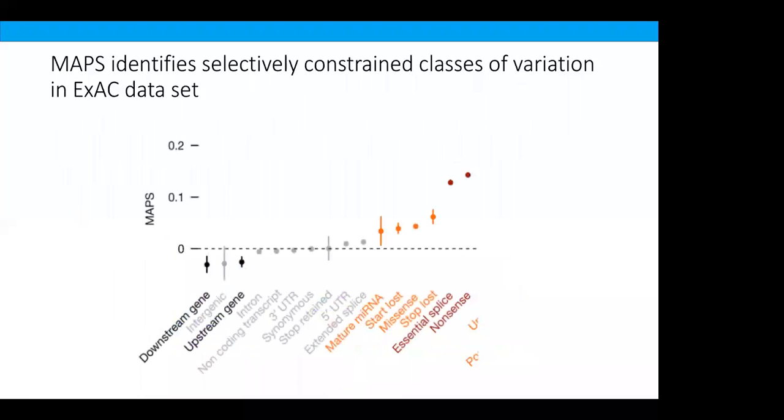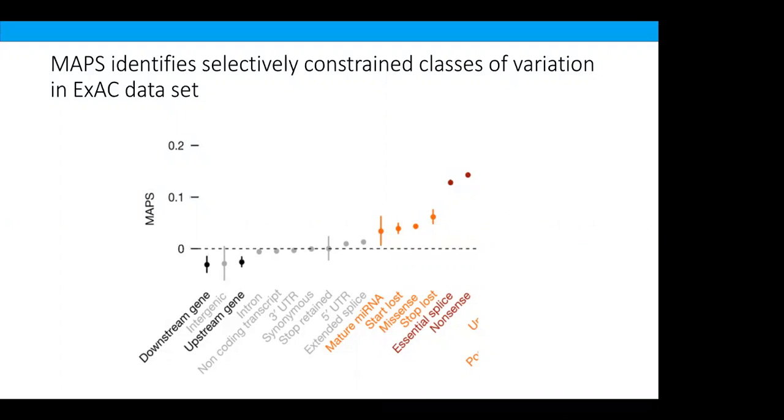In the ExAC data set and in the paper that was recently published, they extend this to be the mutability adjusted proportion of singletons, because when you have large data sets, CpGs, for instance, are hypermutable, and so you can actually see a depression in the singleton proportion.